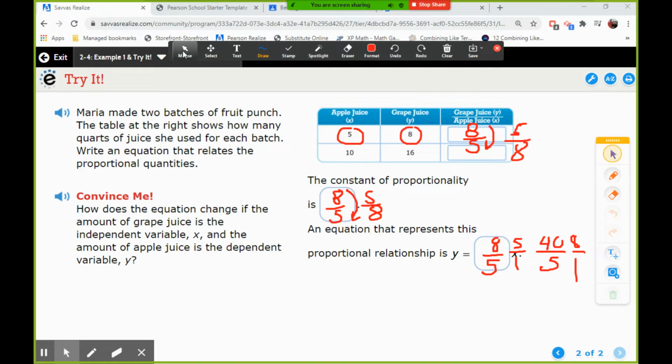I think that's one of the main things that a lot of people miss on these, they have the reciprocal because it's not clear about which one they want. Most of the time, it's going to be a little more straightforward. This is not a very good example, but I wanted you to see that it can be confusing. But you take what they give you. If they say this is the x and this is the y, and they want y over x, then give them y over x. Take what they give you.